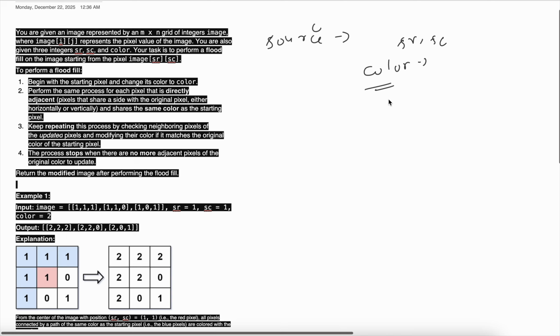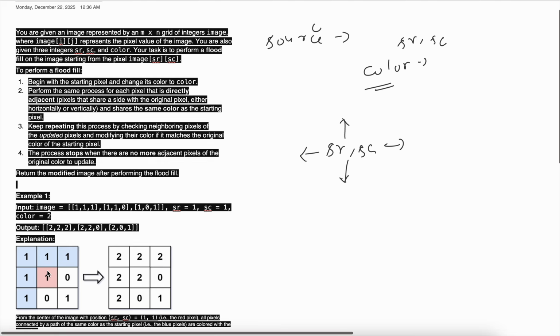From sr comma sc you can move to adjacent pixels that share the same side, so you can move vertically up, vertically down, horizontally right, and horizontally left.